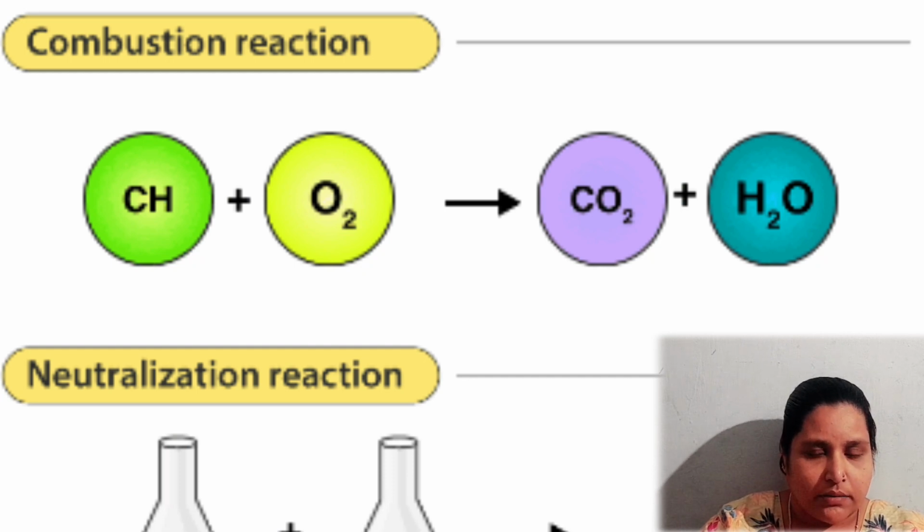Pour this potassium iodide solution into a conical flask and pour the lead nitrate solution into the conical flask.